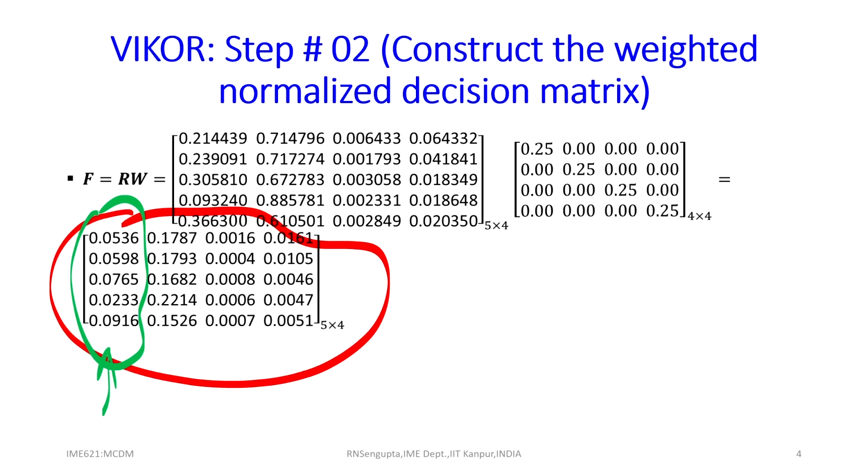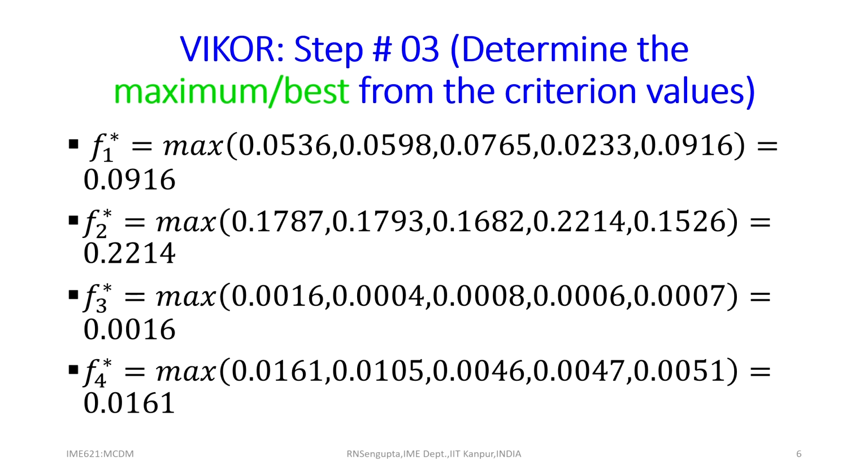These are the values marked in green. Similarly, for F2, the second criterion, which I am marking in blue, you need to find the maximum here. They would be 1718, 1793, 1682, 2214, 1526. These are the values here.